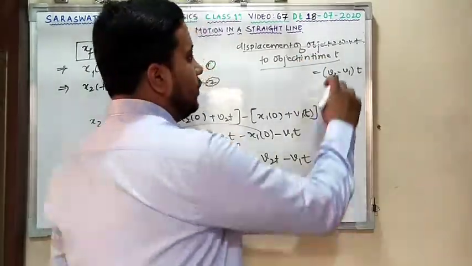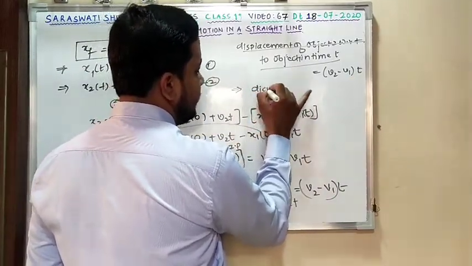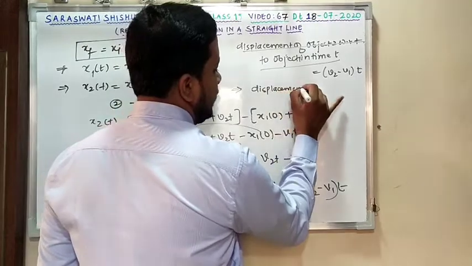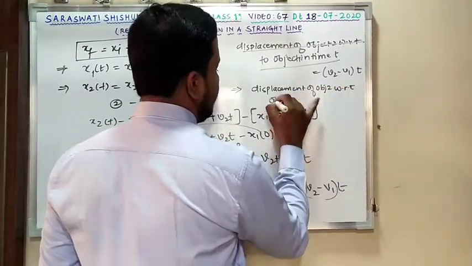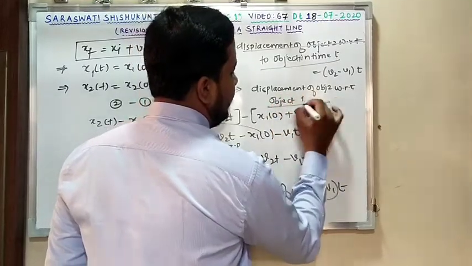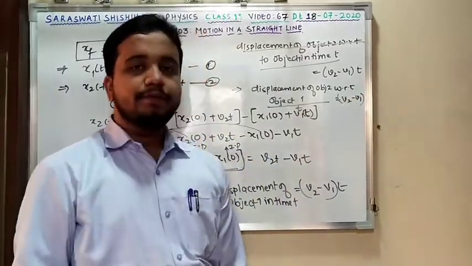Clear? So if I send this t downwards, displacement of object 2 with respect to object 1 by t is equal to v2 minus v1. Clear? Let me erase the board.